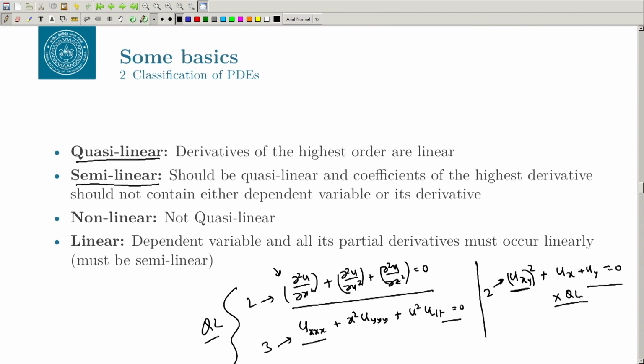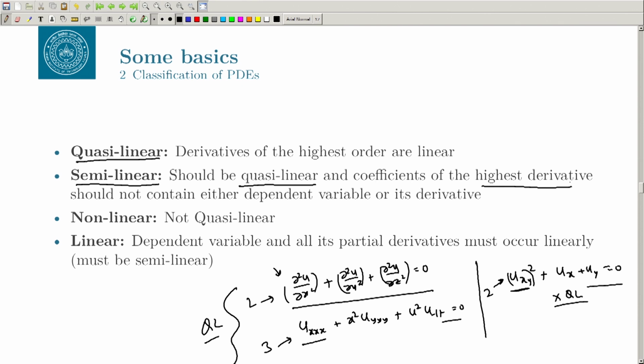Within the quasi linear we can have more classifications. One is the semi linear, which first of all should be quasi linear, and second, the coefficients of the highest derivative should not contain either the dependent variable or its derivative.